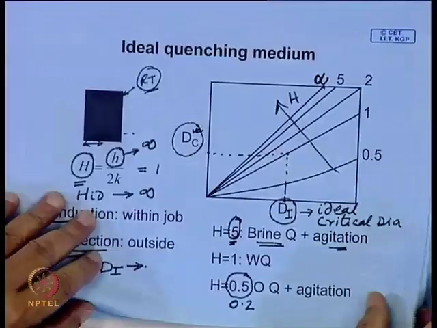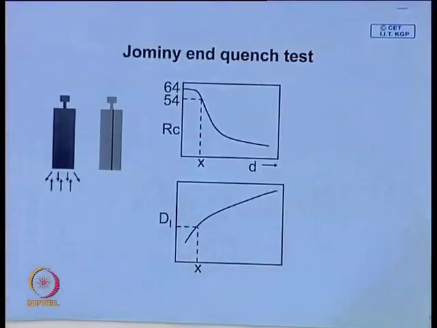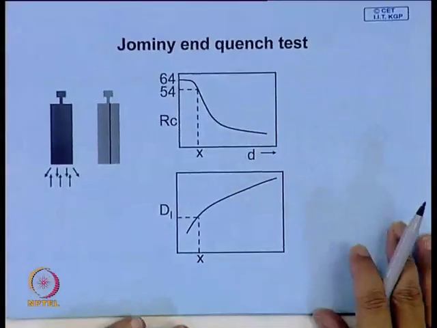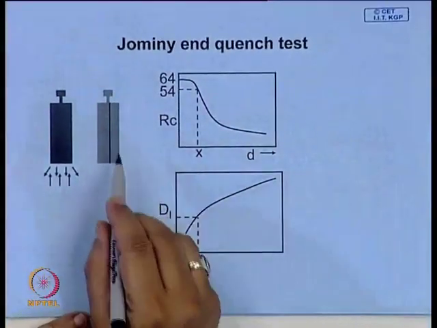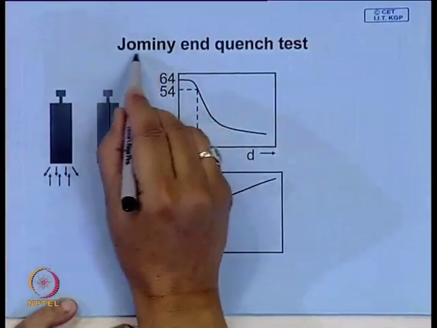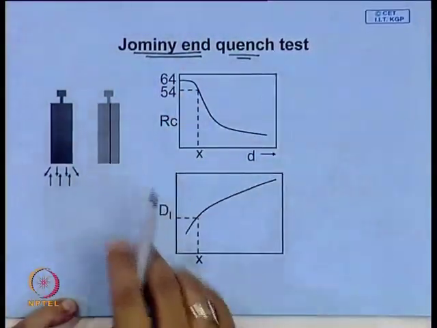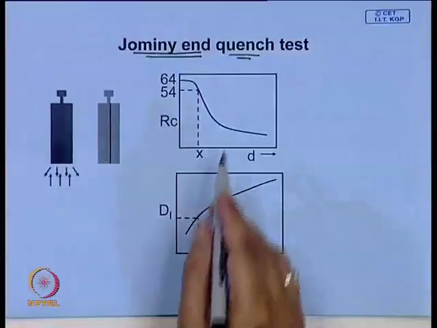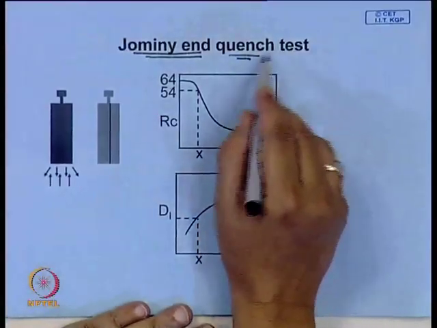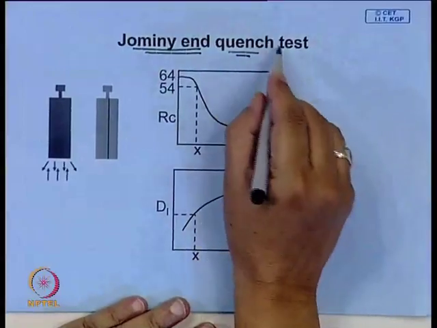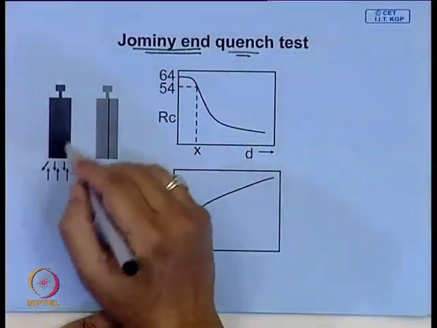And let us see one such method of determining this hardenability by a single specimen. This is called a Jominy end quench test. So, we talked about austenite grain size measurement in one of the earlier lectures, where you can give a gradient quenching.